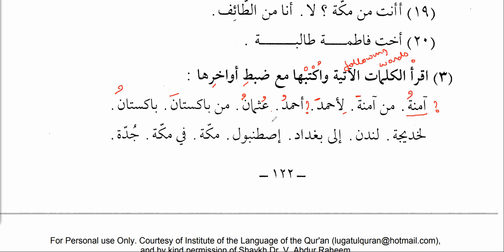And all these nouns are from ghair munsarif groups. Li Khadijata, because it's with the harf jar lam. Lundunu, nothing before this city name. Ila Baghdada, Istanbulu, Makkatu, Fi Makkata, Juddatu. So these are the changes.